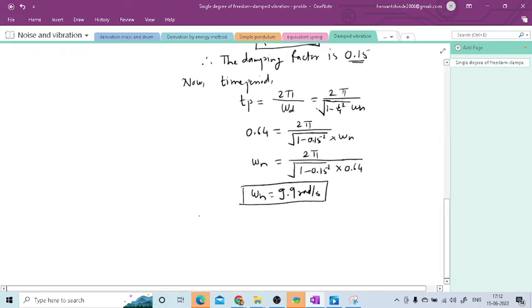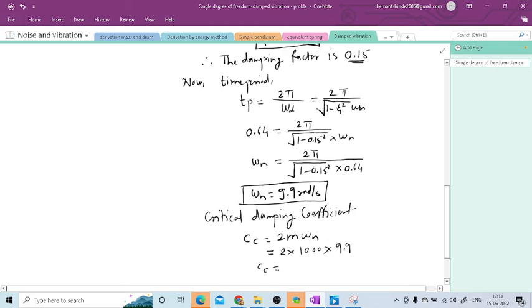Now the next one is the critical damping coefficient. The critical damping coefficient is nothing but 2 m omega n. Now put the value. Mass is given as 1 ton, so 2 m is 2000, and omega n is 9.9. From this we will get the critical damping coefficient.